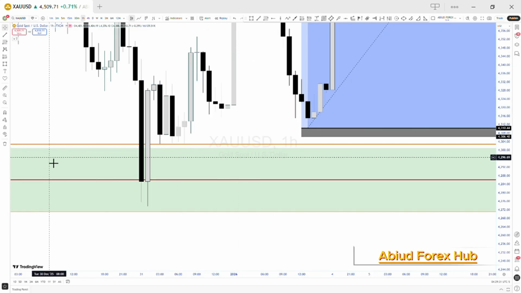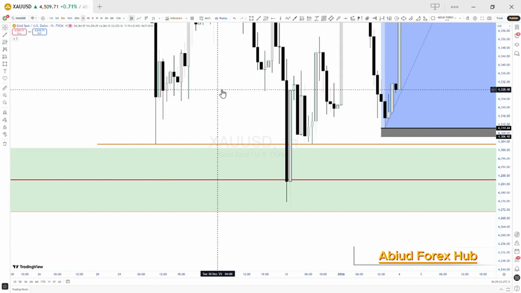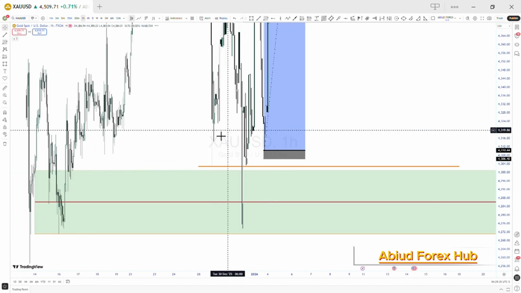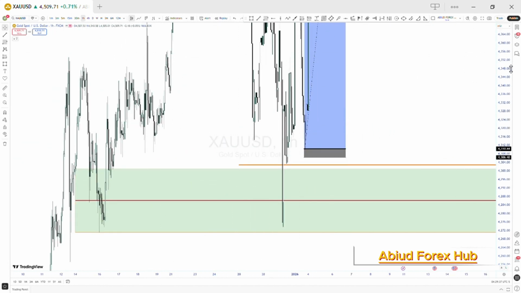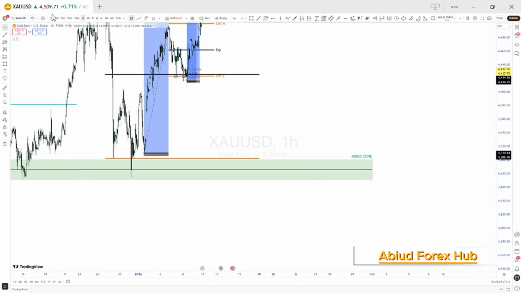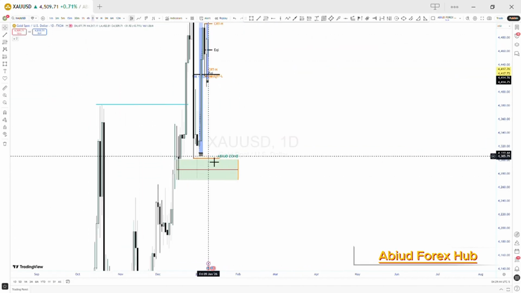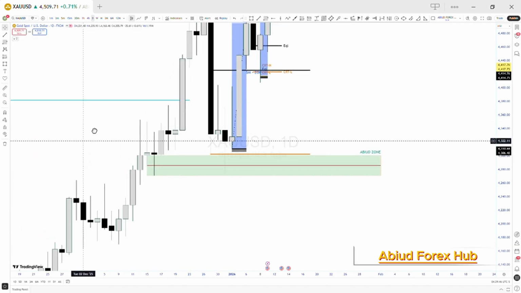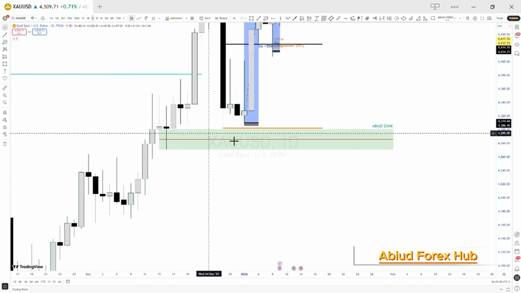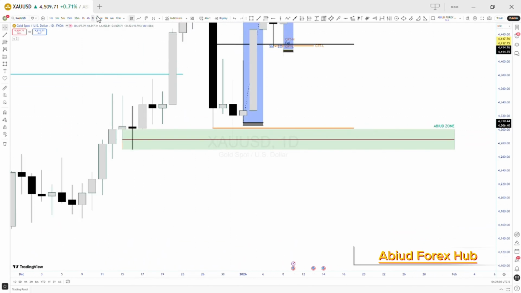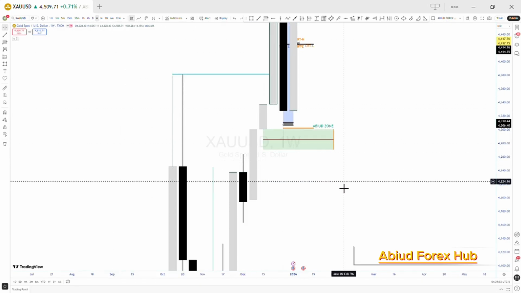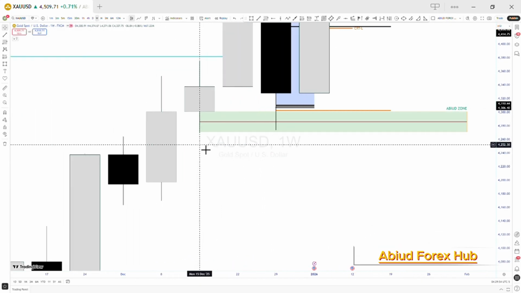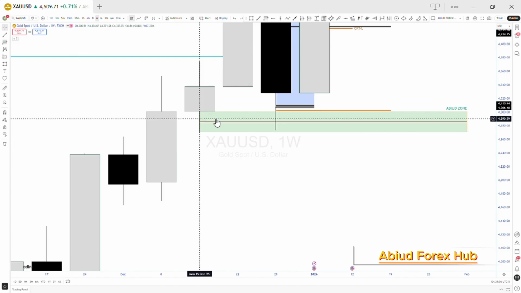Oh, before I continue, there is also this bit of the key level. So when we go back to the daily time frame, our key level should be on the higher time frame. So we go to the weekly and look for our key level, and our key level is this rejection block here.